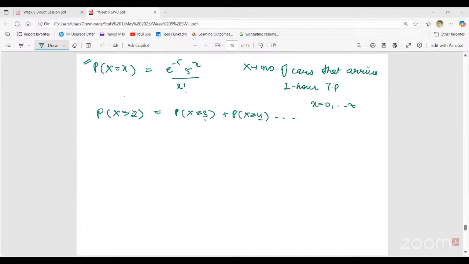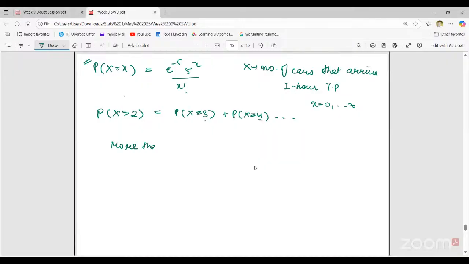Ma'am, how did you get this, P of X greater than 2? How did I get this? If you look, it is given in the question. It's saying more than 2. Okay, ma'am. Okay, so this was your doubt?